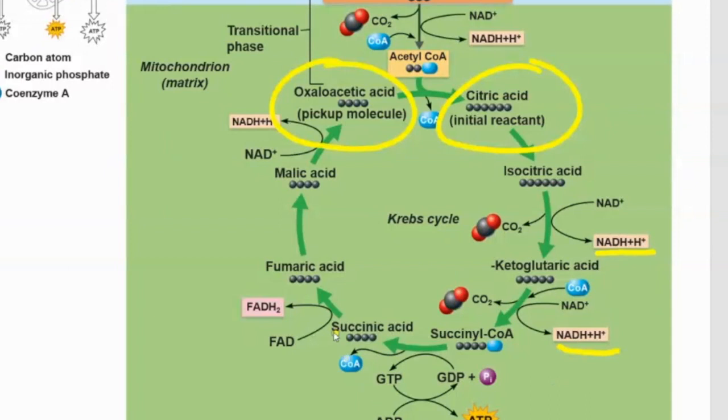And then we have to go all the way to over here before really we make another one. So as you're looking here, you're seeing 3 different times we made an NADH. Since this happens twice, that gives us our 6 NADHs.